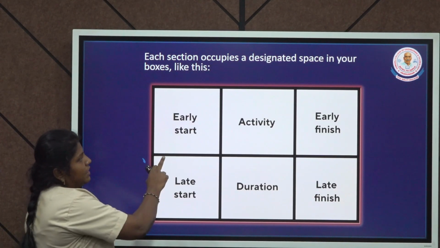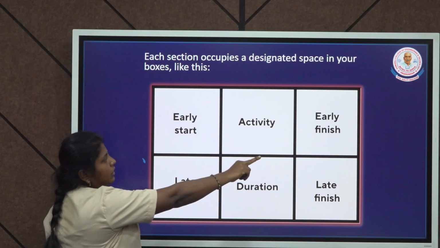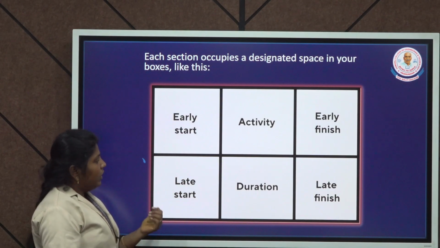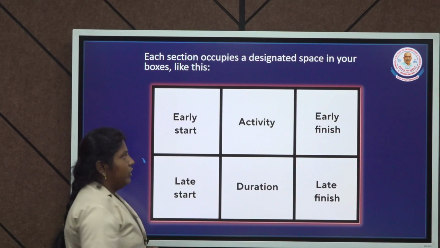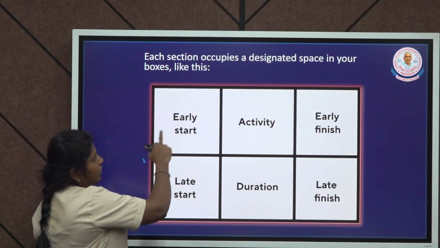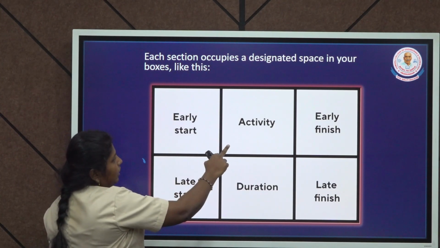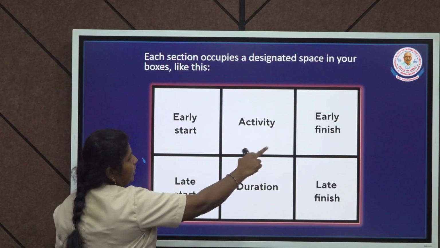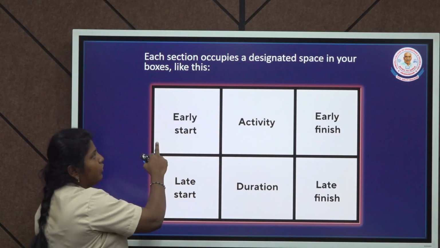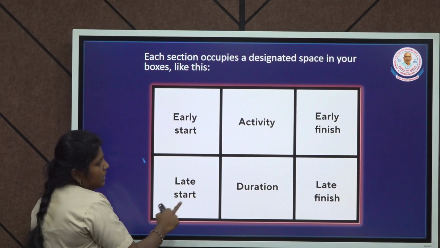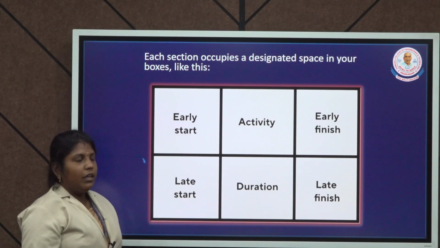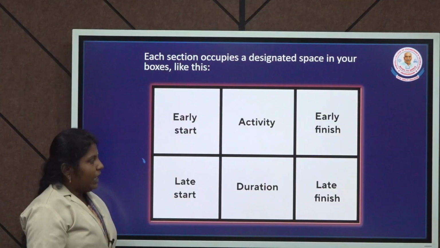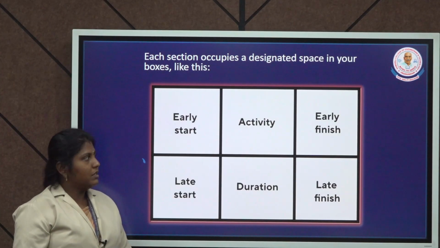First is early start, second is activity, then early finish. Then here are late start, duration, and late finish. The early start, activity, and early finish are constructed using the forward pass technique. Late start, duration, and late finish are constructed using the backward pass technique.